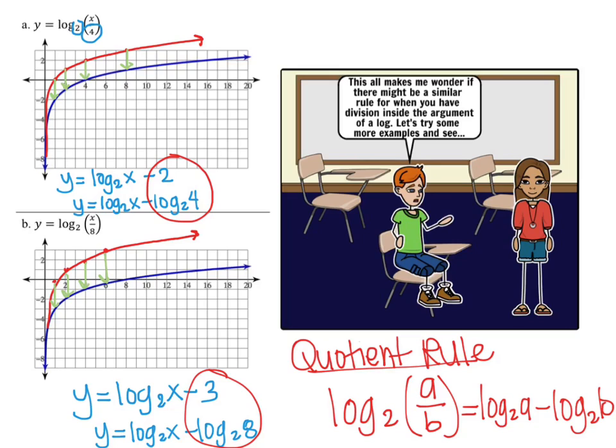So that is my quotient rule. And then I could go and plug numbers in for A and B and show that it still works. I'm not going to take the time to do that right now.